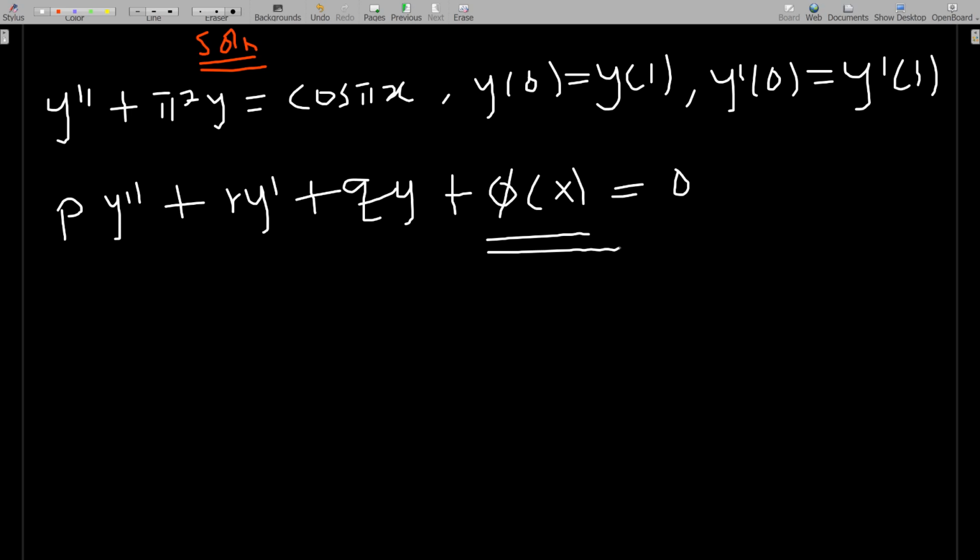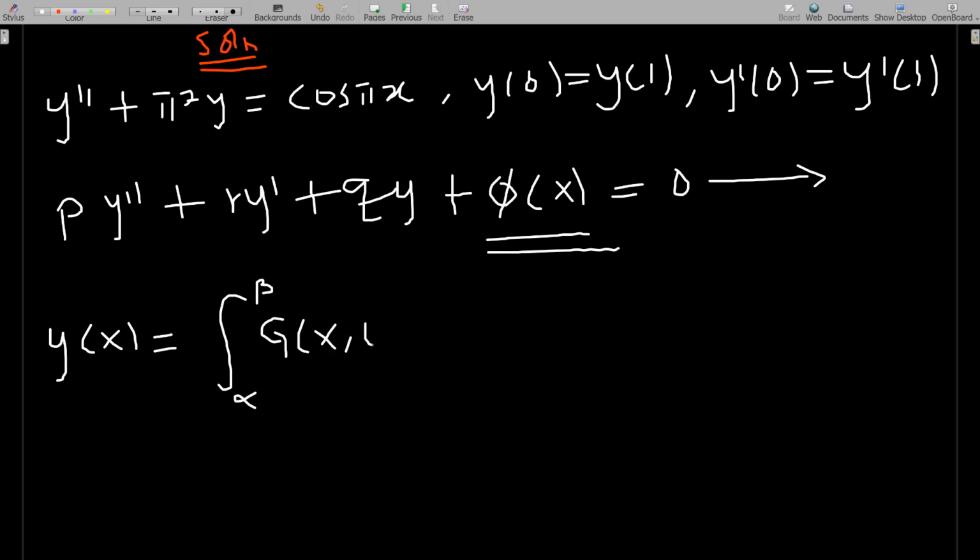Then the solution to the BVP is given as y of x equals the integral from alpha to beta, where alpha and beta are the boundaries, of g of x,t times phi of t dt.